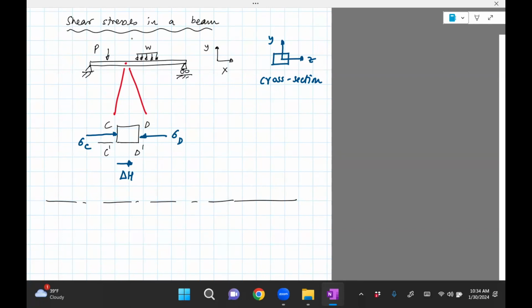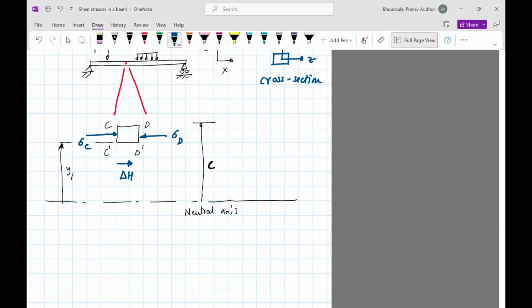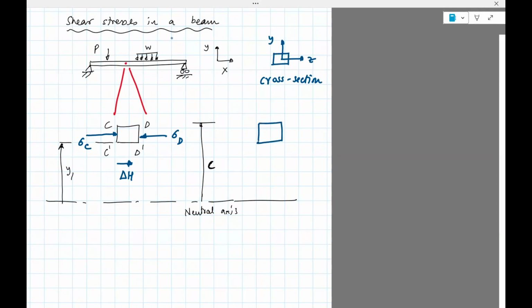And let's assume that the bottom surface of this C prime D prime is a distance of y1 from the neutral axis. This is the neutral axis. Okay, and then this is the top of the beam section. Let's call that C. So I can also draw a cross section like I drew earlier.